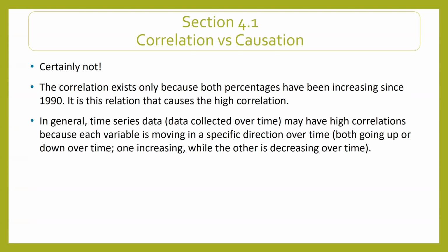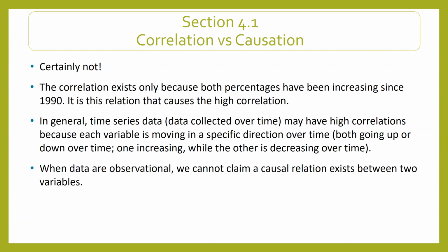There are situations where something is causing the other, as causation, but correlation doesn't have to be causation. When data are observational, this is the key, we cannot claim a causal relation. Whatever we get is not sufficient to say that there is a causal relation.